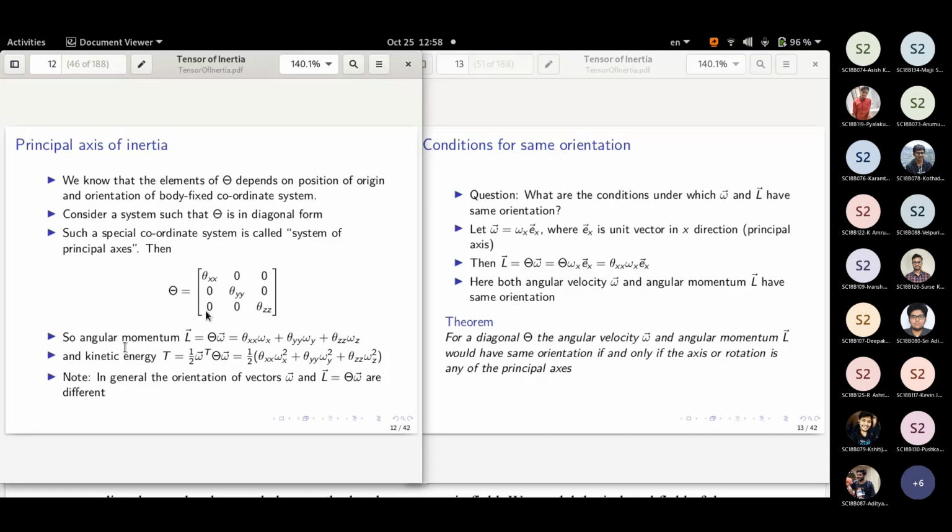Here we have chosen a special coordinate system in which the matrix appears in diagonal form. So the way I have defined it, yes, it will depend on the coordinate system. You are right. So the principal axis is the axis along which, you could alternatively define it like this, the angular velocity and the angular momentum vector are the same. That is another way of defining it.